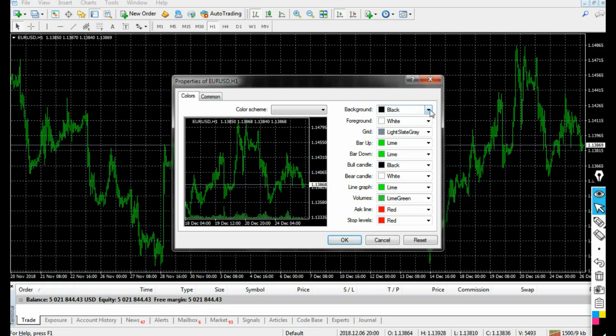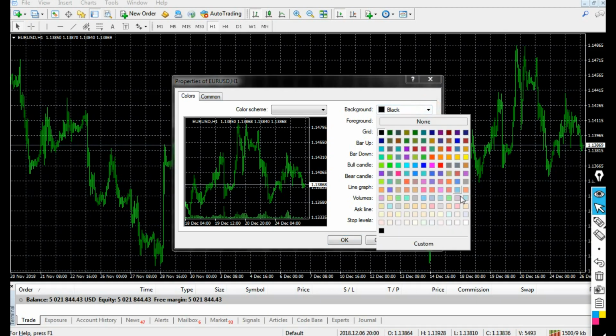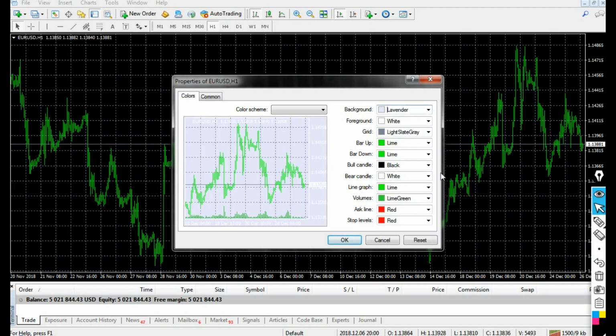So I'm taking a change of color like silver, or maybe a normal color, so we can easily predict the market and the candles will not hit your eyes.